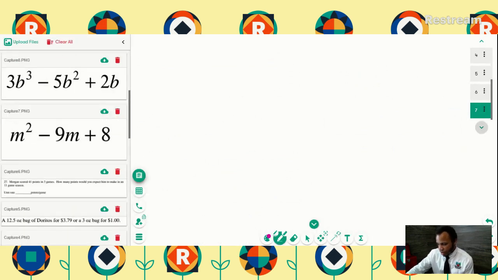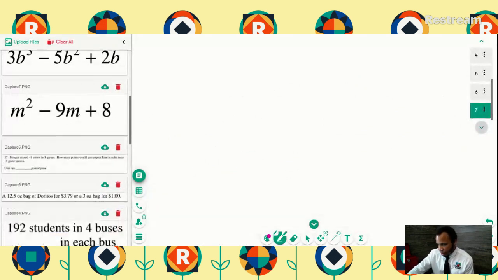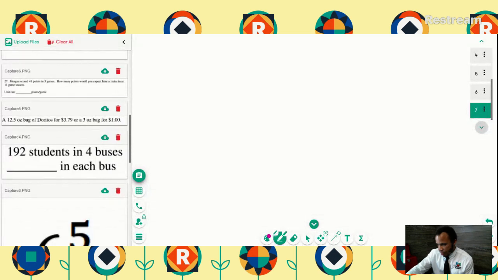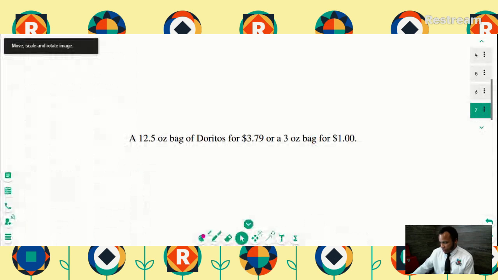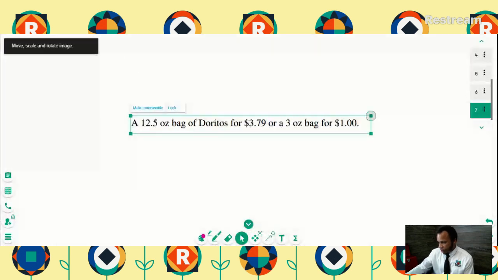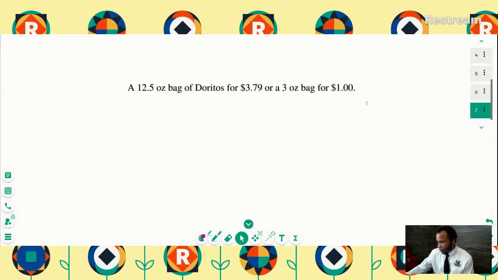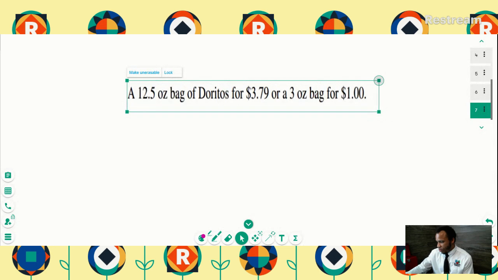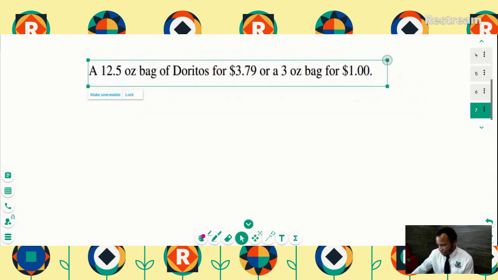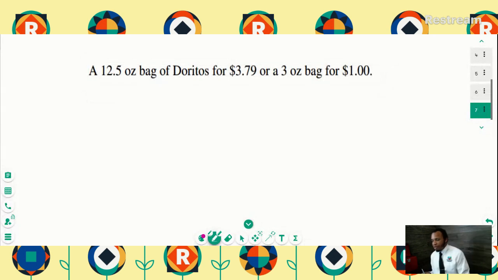Let's look at another example, unit rate. So now with this question, what we want to do is determine which of these is the better buy. Would it be a 12.5 ounce bag of Doritos for $3.79 or a 3 ounce bag for $1?